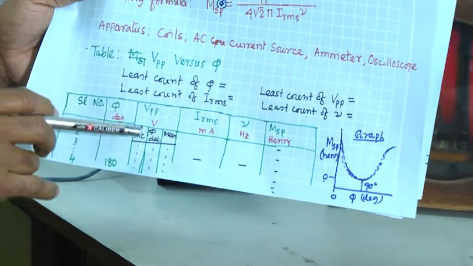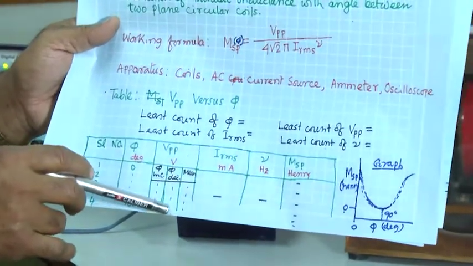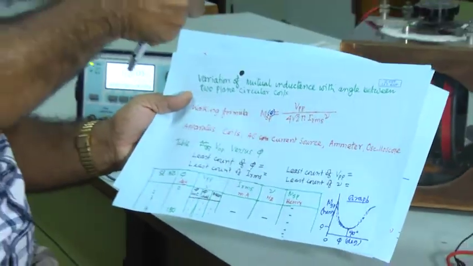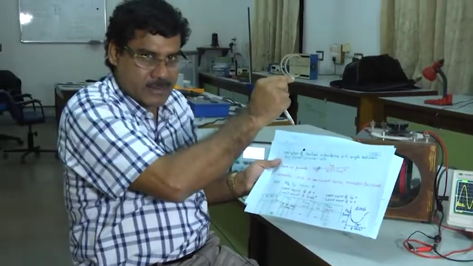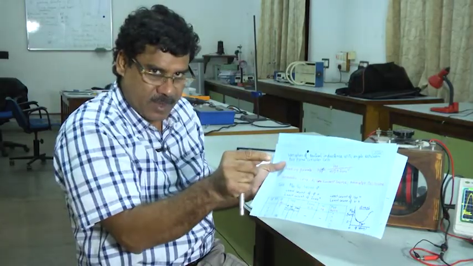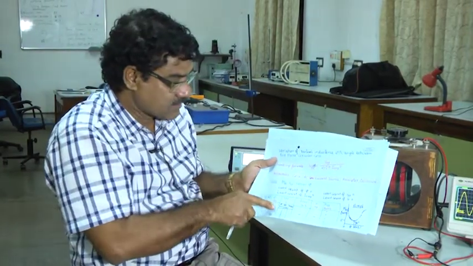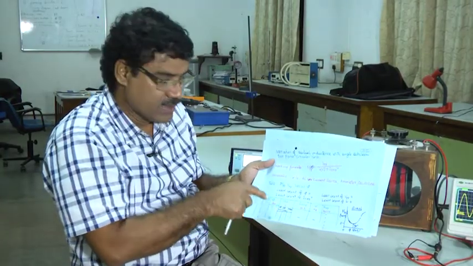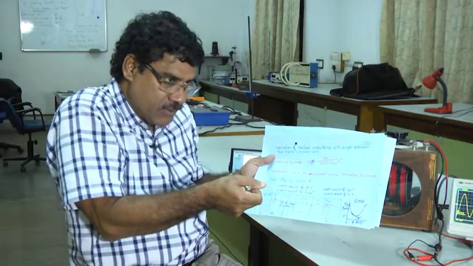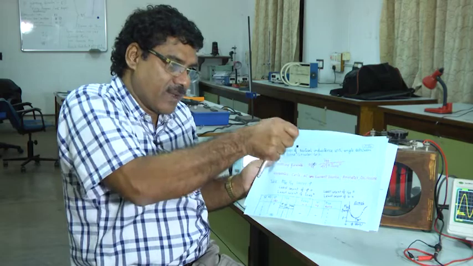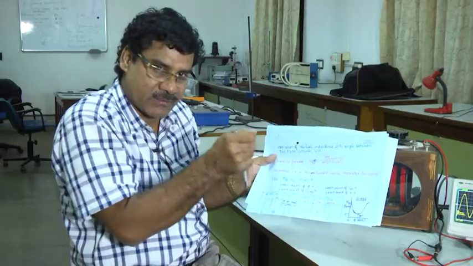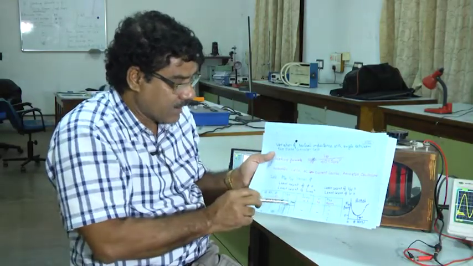Twice we will take readings: when increasing the angle 0, 10, 20, 30, 40 up to 180, we take the VPP reading, and then again during the decreasing of phi from 180 back to 0 with the same step, I will take readings.